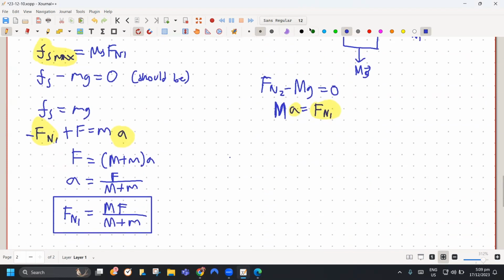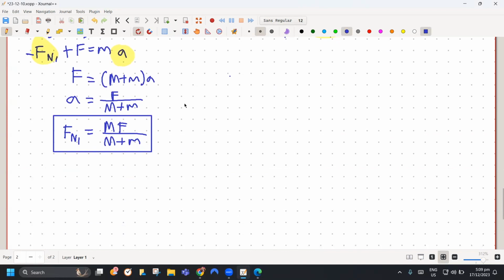Okay, so dapat may normal force ka na, di ba? That's mg.